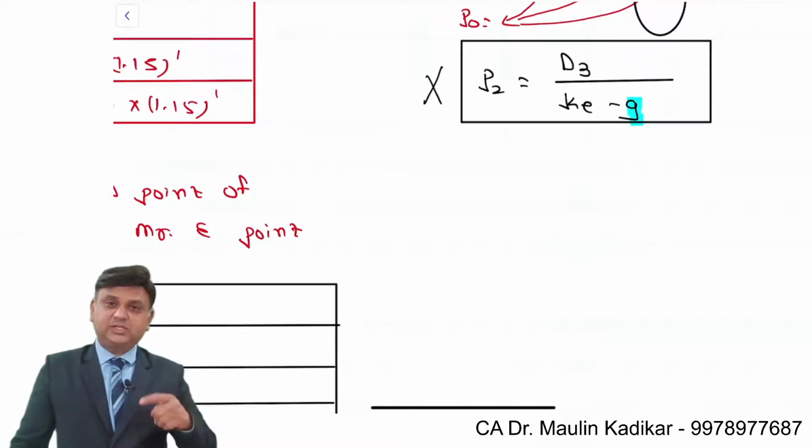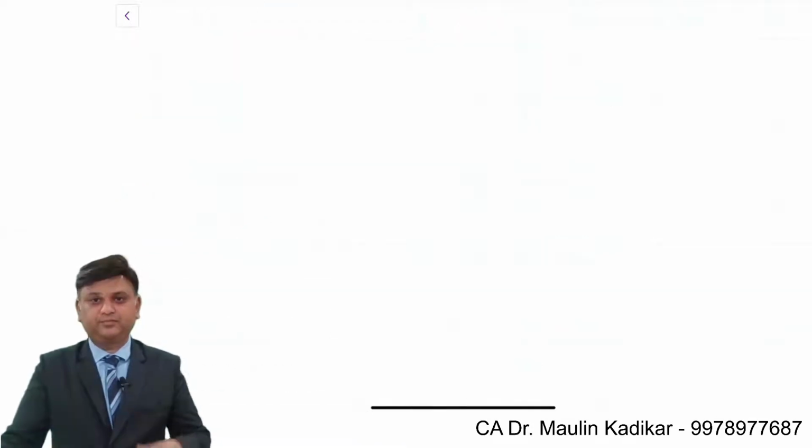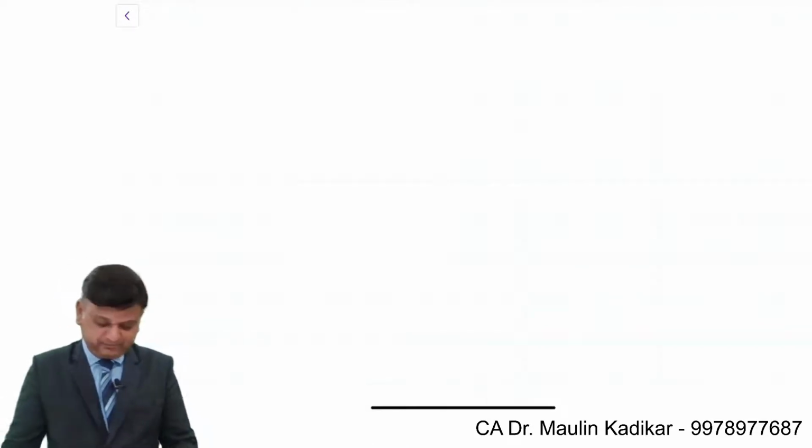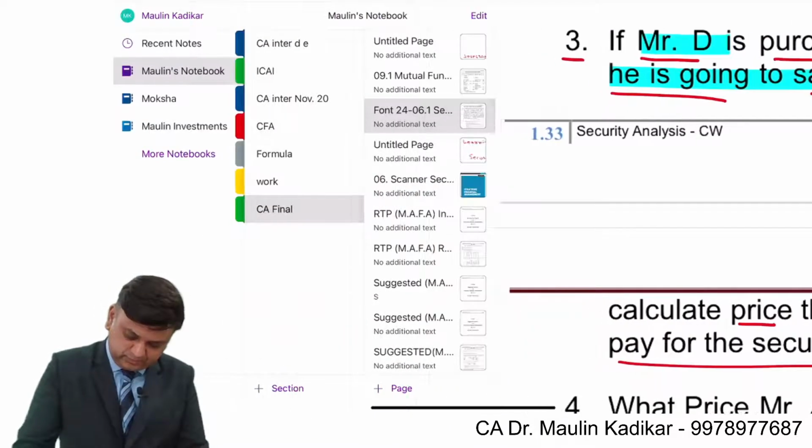At the end of the second year, meaning third year onwards, is the growth rate constant for perpetuity? No. So you cannot apply this formula for the calculation of P2. Instead, you are required to calculate P2 in a different method. What is that method? I am explaining that to you. Write down a note for the answer of the third question.